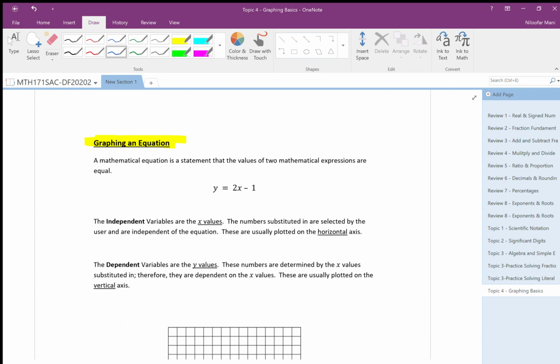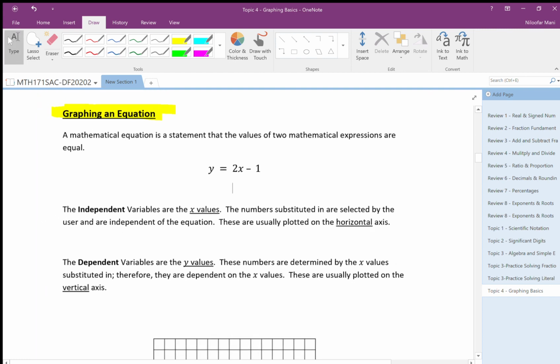Okay, so I have a math expression here, a math expression here, and an equals sign between them. When I want to graph it, look at this. I have y = 2x - 1. Or maybe I have, for example, w = 2z - 1, okay? Usually we use x and y.